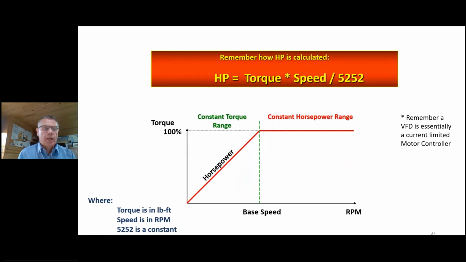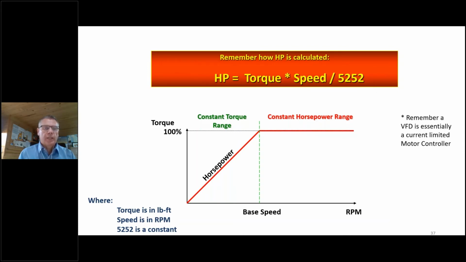One thing to keep in mind is that if you want to change speed, there is a limitation in the overspeed condition. A lot of people ask, well, can I run my motor faster? You can, but there'll be a trade-off. Because the current is usually limited, a VFD is, for all intents and purposes, a current limited controller.